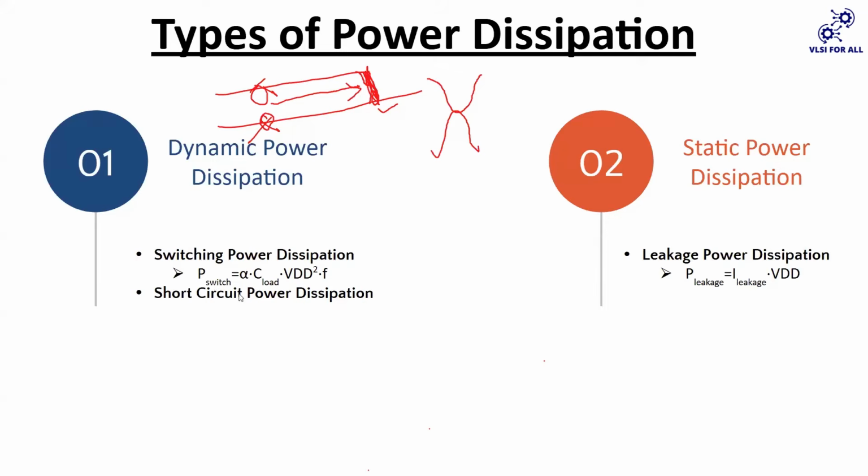If I reduce alpha, this will reduce my P. If I reduce my load capacitance, this will also reduce my P. If I reduce my VDD, this will also reduce my dissipation. And if I reduce my frequency, this will reduce my power dissipation. Now, the scientists have done the same thing.